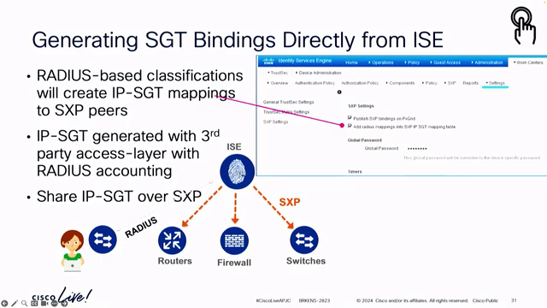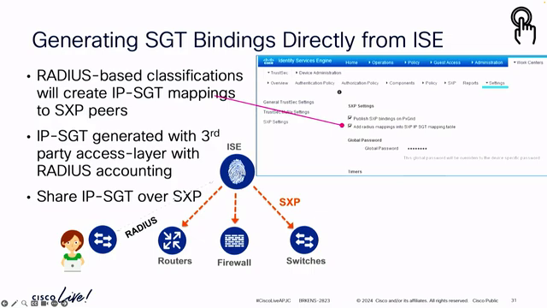So now we know that we can use SXP to advertise IP to SGT mappings, but don't you think it's too much overhead to go to a central place, in this case ISE, and hard code all the IP to SGT mappings, like 1.1.1.1 is SGT number 5 versus 2.2.2.2 is SGT number 10? It's kind of an administrative nightmare. Luckily that's not the case.